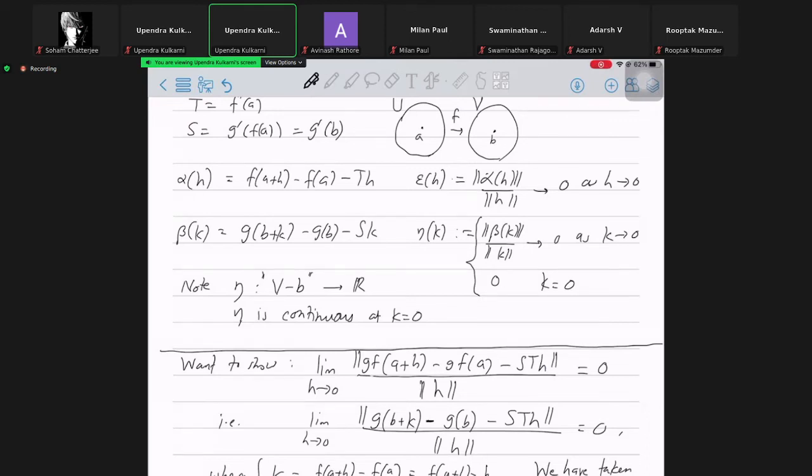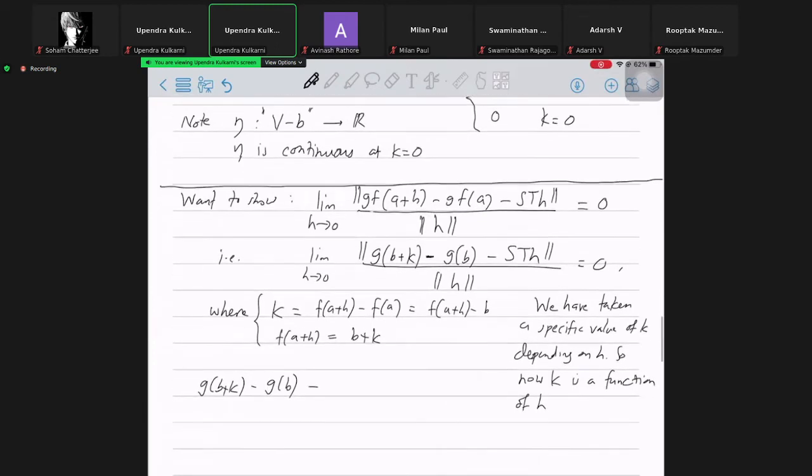I'm taking S of P of H. I know how to do something about this quantity: G of B plus K minus G of B minus S of P of H. Let's write this down. Now what is P of H?